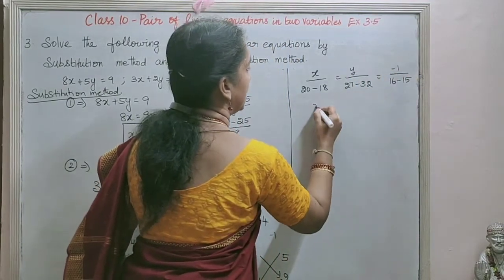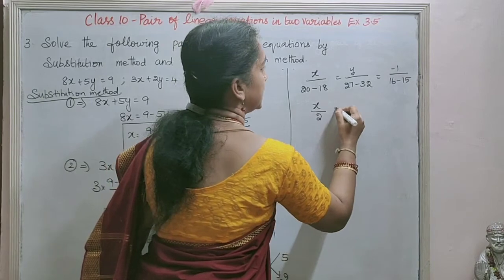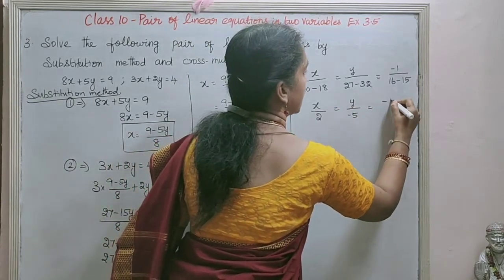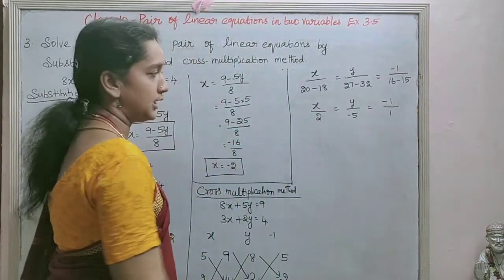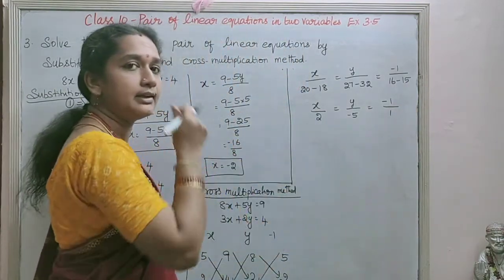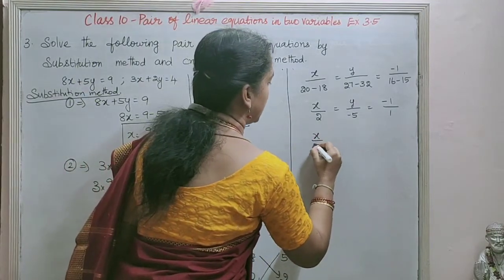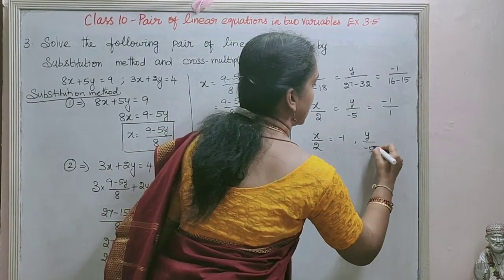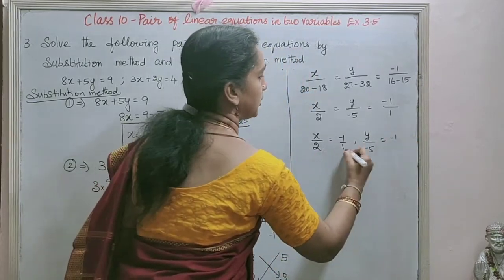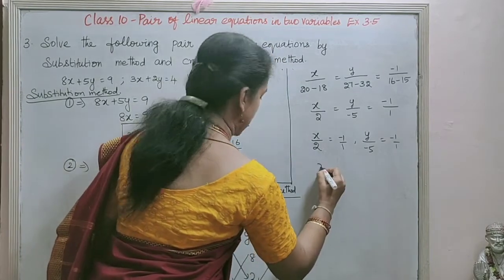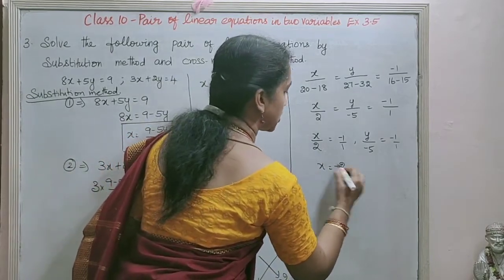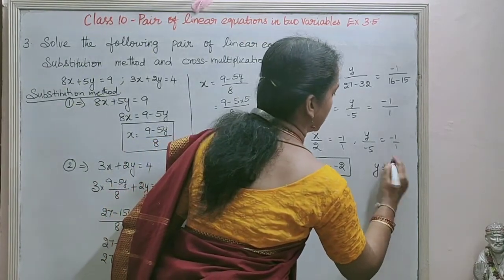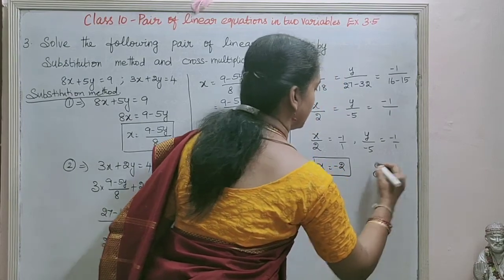Now if I simplify, x by 2 is equal to y by minus 5 is equal to minus 1 by 1. Now I am equating x and the constant term. So x by 2 is equal to minus 1, and y by minus 5 is equal to minus 1. So x is equal to minus 2, and y is equal to minus 5 into minus 1, which is 5.